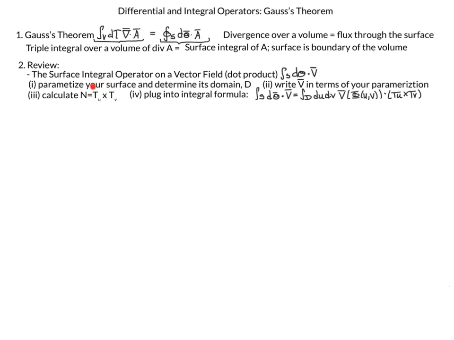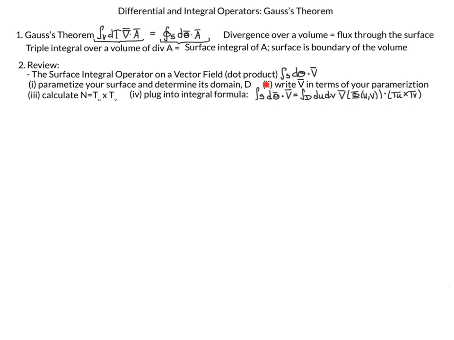So we take our parameterization, we take the partial derivative with respect to our first variable, that's Tu, and we take our partial derivative with respect to our second variable, we cross them, we get the normal. And then last we plug into this formula.